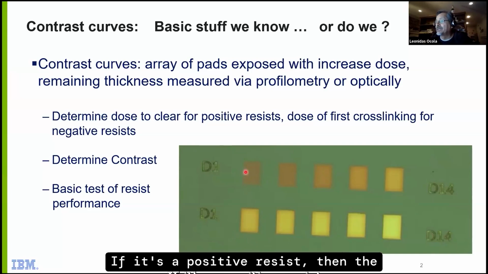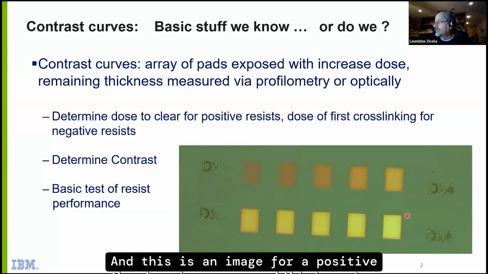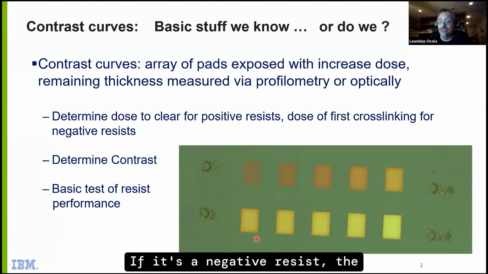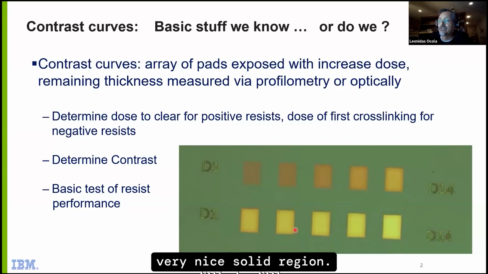If it's a positive resist, there will be thickness loss as the dose increases, and this is an image for a positive resist. If it's a negative resist, there will be nothing there until it starts to show up little by little, until it becomes a very nice solid region.